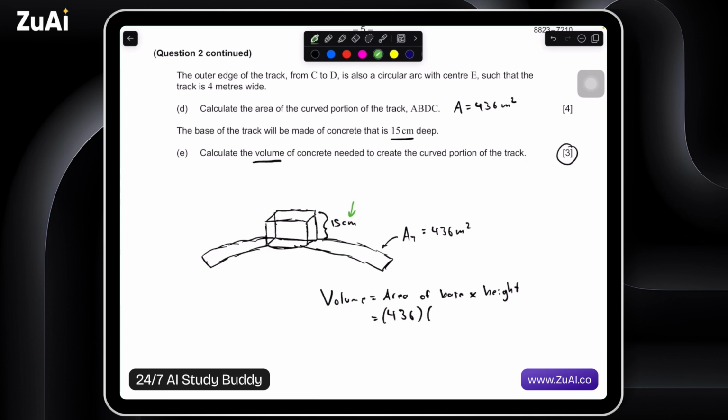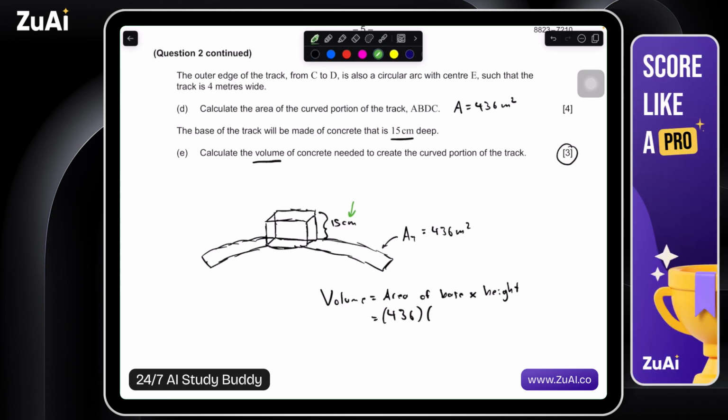So we need to convert our centimeters to meters. We know there's 100 centimeters in a meter, so 15 over 100 means that we only have 0.15 meters. So there we go, 0.15. And that should give us our volume.